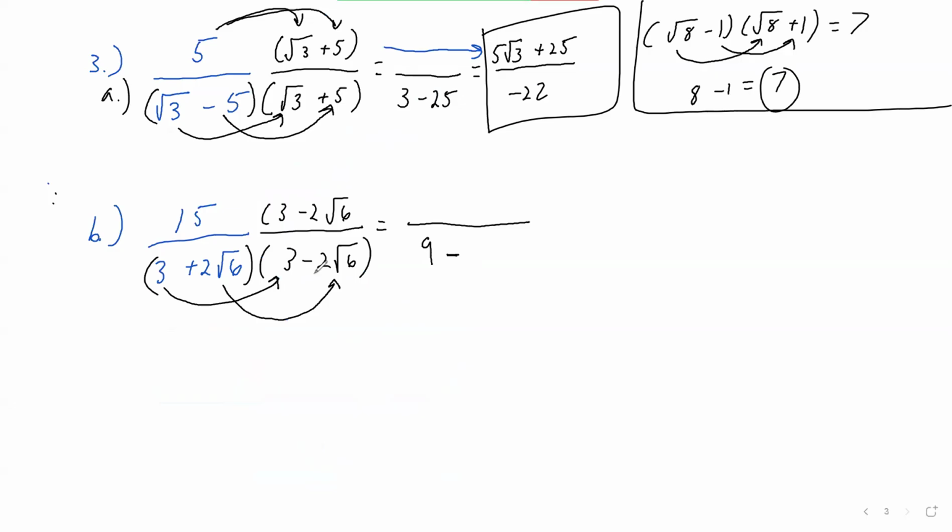And then 2 times 2 times square root of 6 times square root of 6. 6. Very good. 4 times 6, 24. And then 9 minus 24.